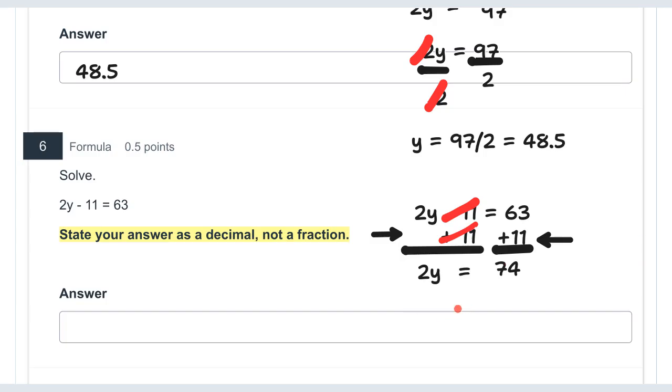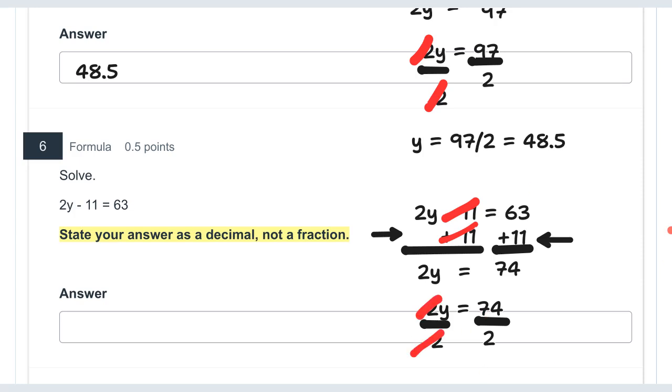Now I have 2y is 74. I'm going to divide the left side by 2. And I'm also going to divide the right side by 2. On the left side, these 2's are going to cancel.